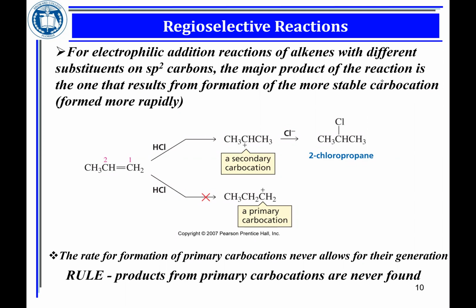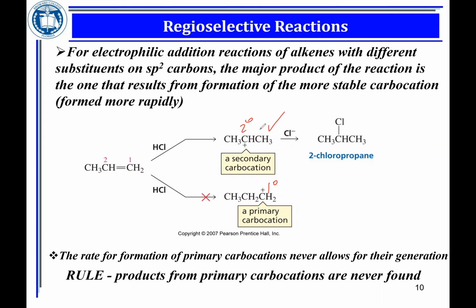If carbon 2 takes the hydrogen, carbon 1 would take the plus charge, and that is a primary. So you are comparing a primary versus a secondary intermediate. The primary intermediate is much less stable compared to the secondary, and the more stable intermediate yields the major product.